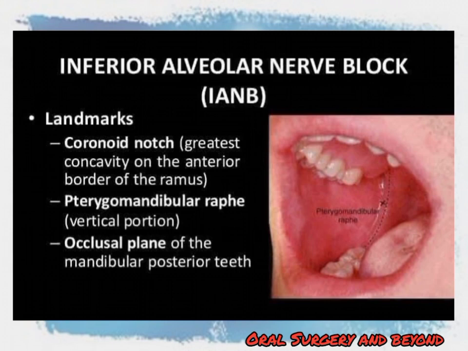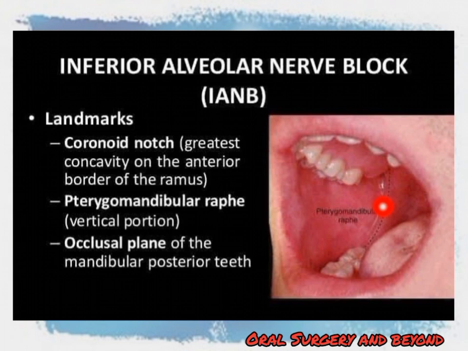What are the landmarks of the injection technique? The main landmarks are the coronoid notch, the pterygomandibular raphe and the occlusal plane. You have to keep in mind the midpoint of the pterygomandibular raphe, from where we should insert.